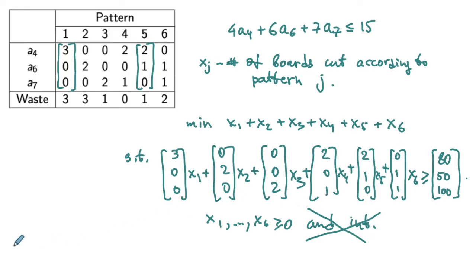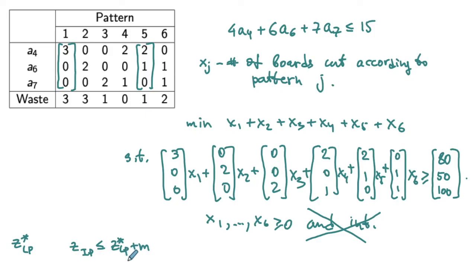So assume that you have the optimal solution to the LP relaxation with the objective value given by zLP star. Then by rounding up all the xj's that are fractional, we'll have no more than m positive xj's, right? Therefore, the objective will increase by no more than m, and the value of this rounded integer solution that we'll denote by zip will be given by at most zLP star plus m.